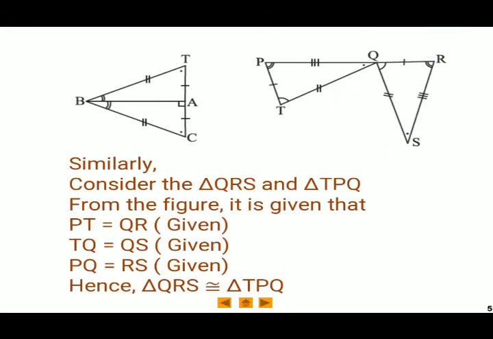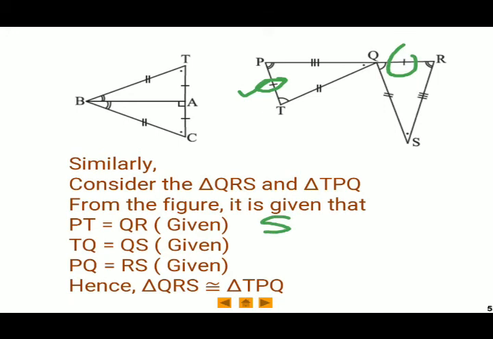Similarly, consider triangle QRS and triangle TPQ. From the figure it is given that here you can see PT is equal to, here the marking and here the marking are equal. That means these two sides are equal. So PT is equal to QR. So one side we have written that they are equal.